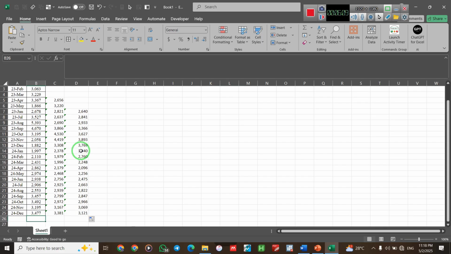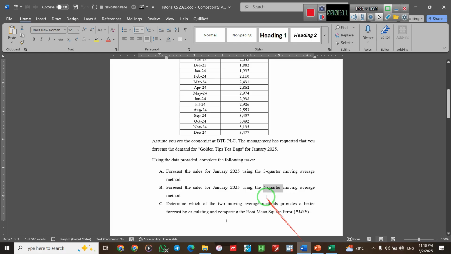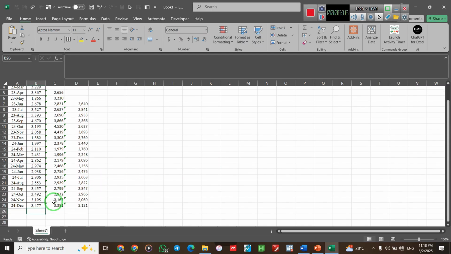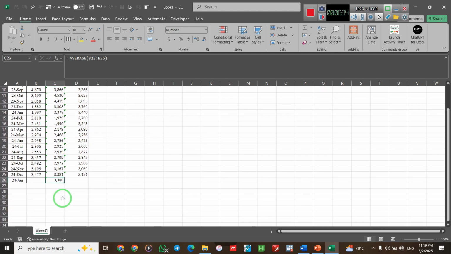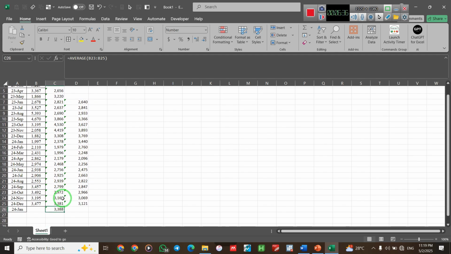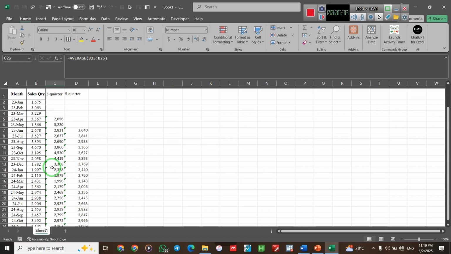But in the question they are asking us to forecast the sales in the January month, right? Here we did not forecast the January month, so firstly you have to add January here. Now what you have to do is simply copy and paste this formula, this exact formula, so you can identify what will be the sales in January using the 3 quarter moving average, right?